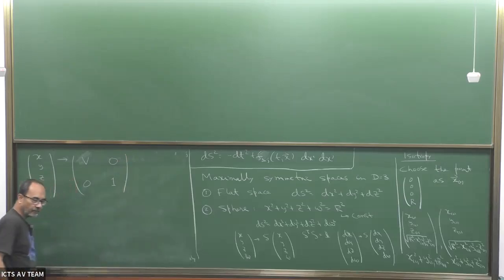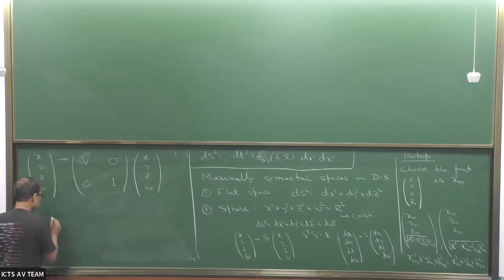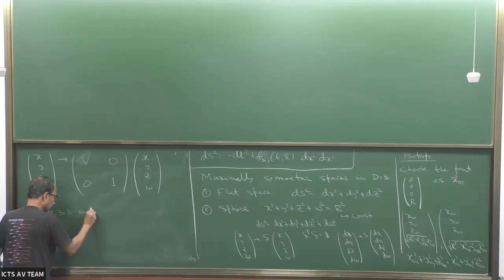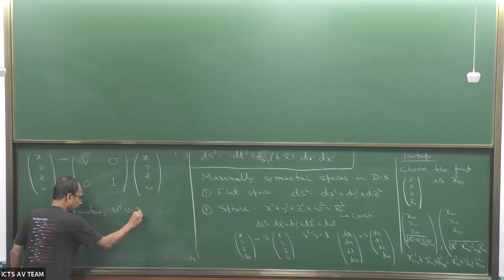Okay, block diagonal form. So V is a 3 by 3 matrix with V transpose V equal to identity. It's the 3 by 3 identity.